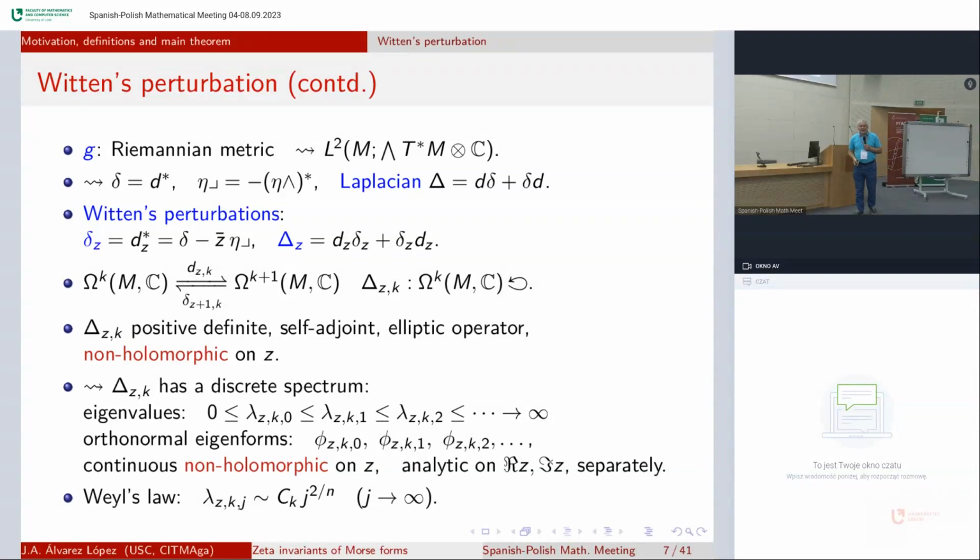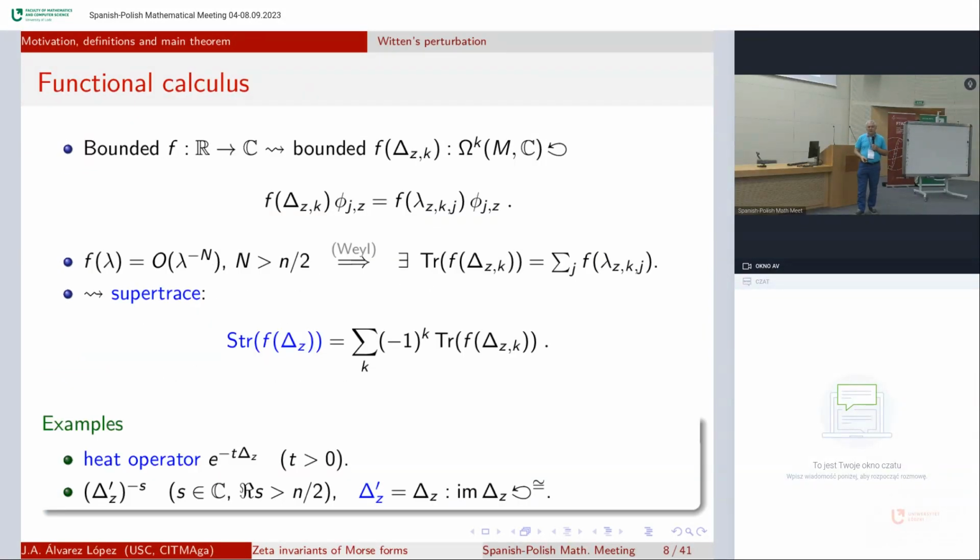Okay. And for a bounded function, we can define the bounded operator or the function of the Laplacian for that degree, which on each eigenspace is like multiplication by the function evaluated on the corresponding eigenvalue.